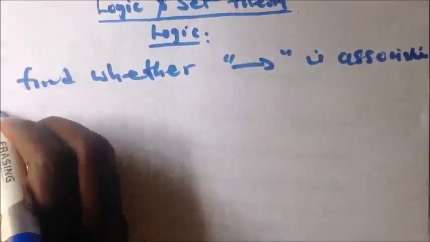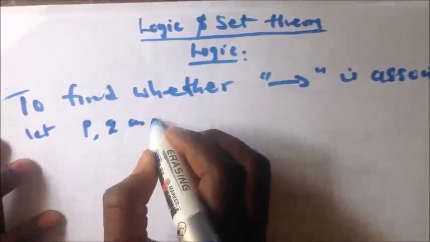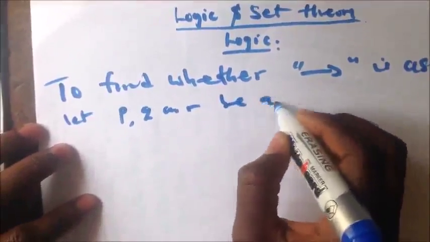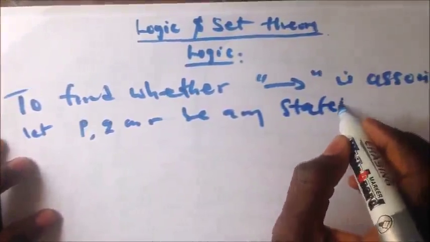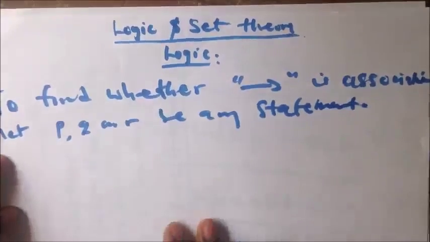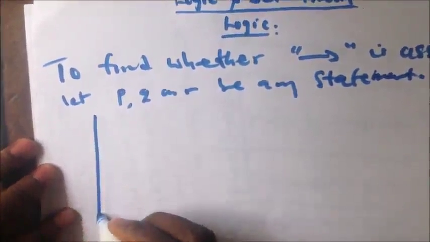Let P, Q, and R be any statements. Now let's use a truth table. This is our table.